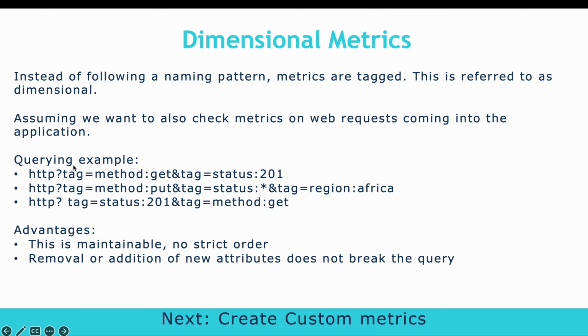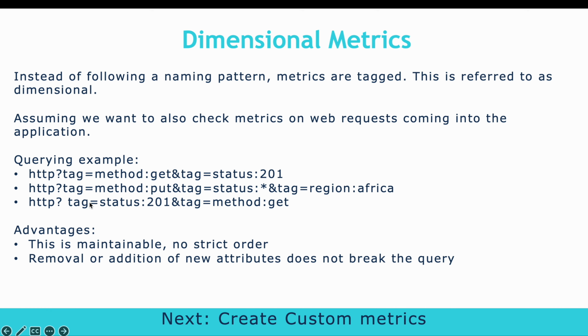Instead of using a dot, here we are saying http, tag equals method.get, and tag equals status 200 or 201. And we can add more things as we wish. We say http, tag equals method, put, and tag status, you don't care which, and the region where the request is coming from is Africa.